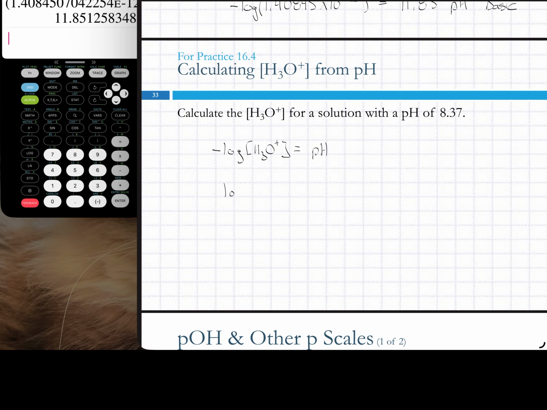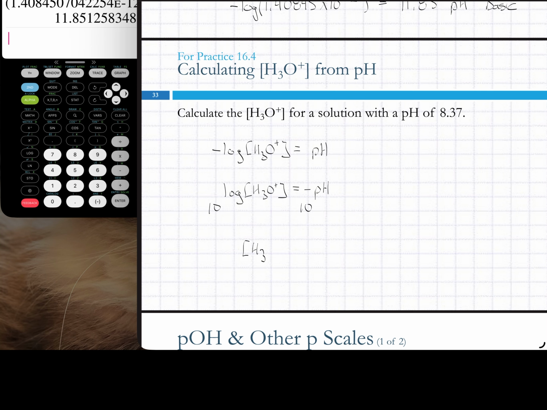Then I need to do log H3O plus, basically move that negative over to the other side, and then 10, wait. Oh yeah, because if I do 10 raised to the negative pH, that undoes the log.